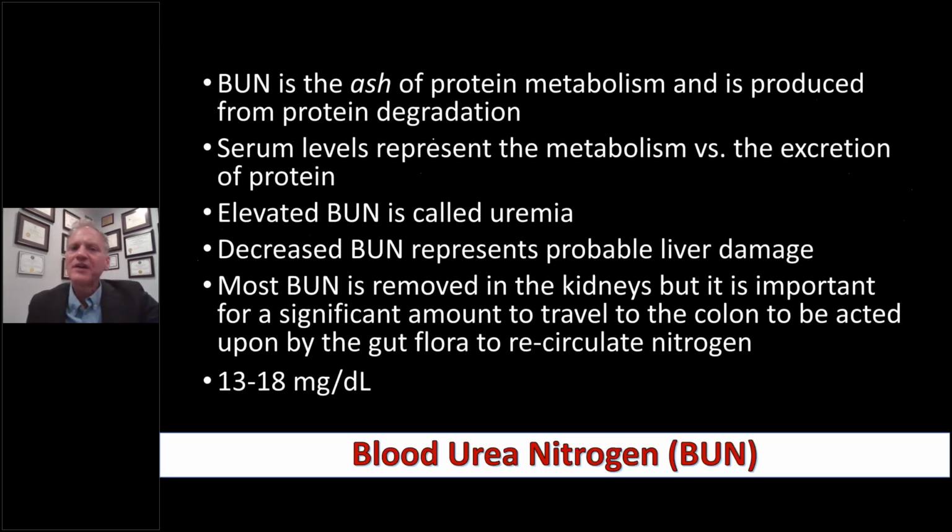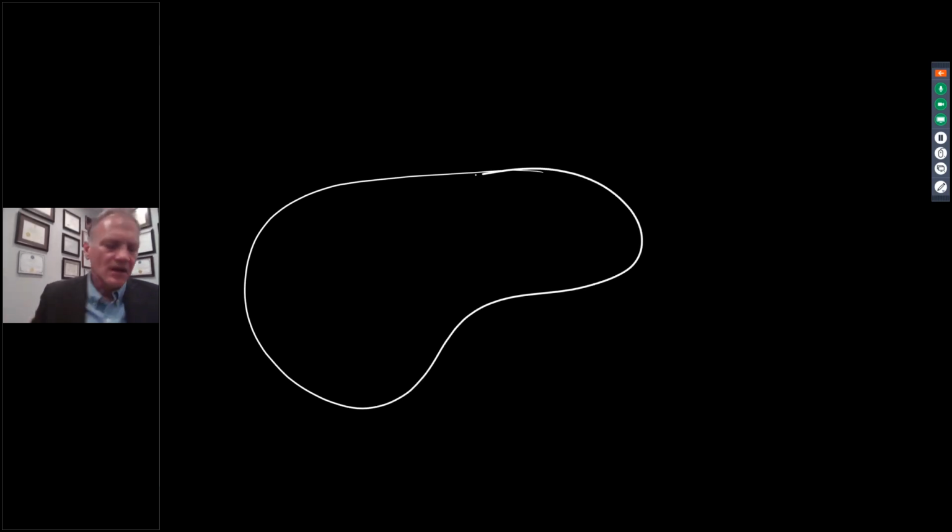All right, so let's talk about blood urea nitrogen. Blood urea nitrogen is the ash of protein metabolism and is produced by protein degradation. Let's look at this. So we have the liver right here, and your body's made of protein. If you look at your system, your bones, your ligaments, your structures, your glands, your tissues, all made of protein. But guess what?